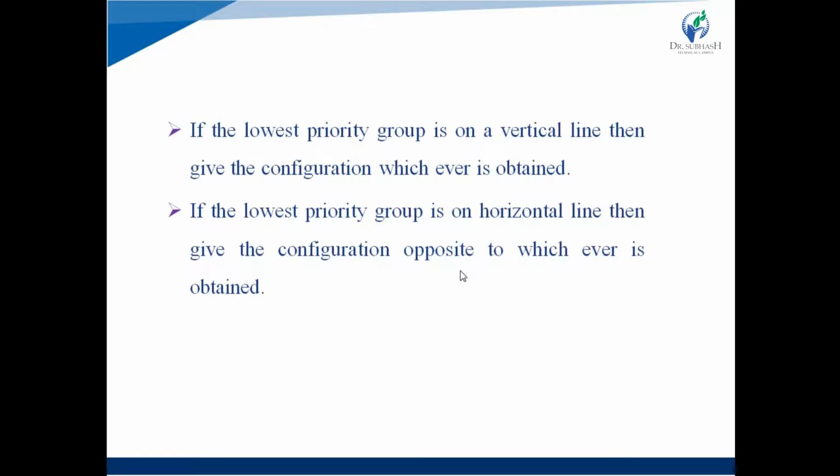So when this type of rotation is done, then the configuration of the given chiral center or enantiomer will change, right? So when horizontally present, consider the configuration opposite to whichever is obtained, right?